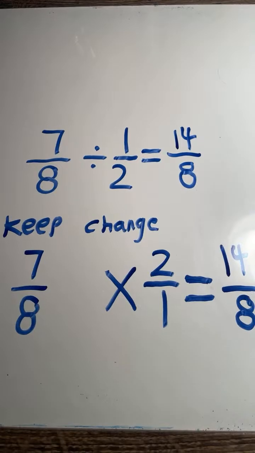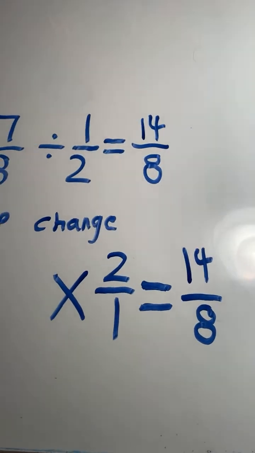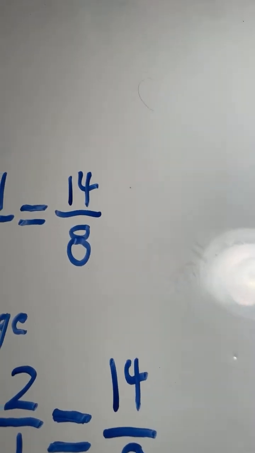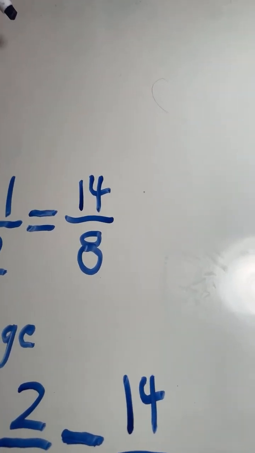So 14/8 is our answer. So to reduce 14/8 to lowest terms, we simply have to divide by the greatest common factor.